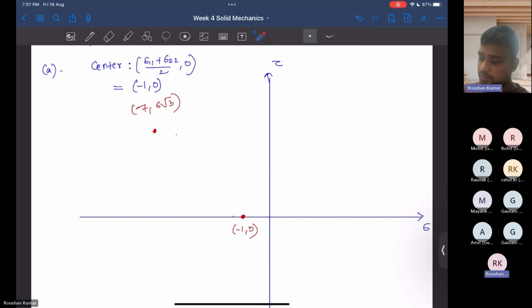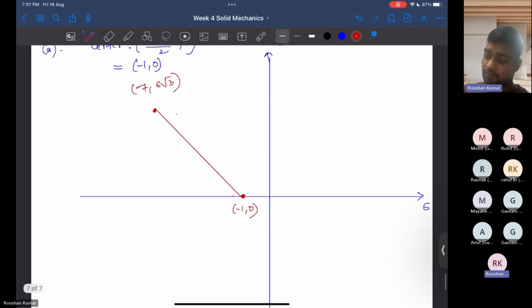If we join these 2 points, we will get the radius of the Mohr circle. So basically I am joining these points. This is the radius of the Mohr circle as per the question.